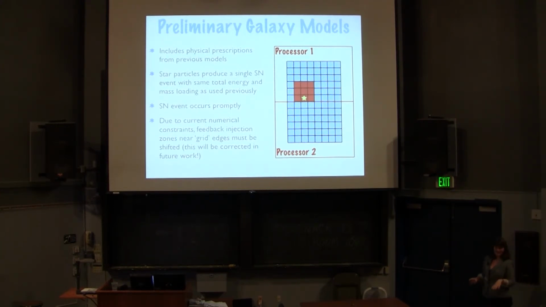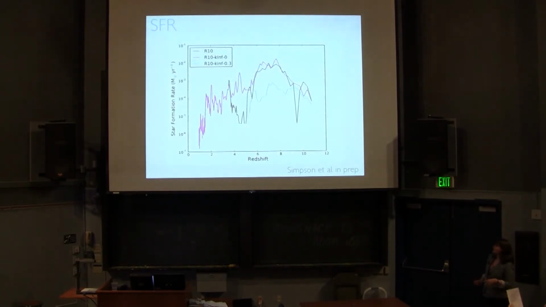But I'll try and wrap this up. We've done this, and we've gotten some interesting results. The star formation rate does change, and not only is it different from our old model, okay, 2 minutes, it's also different between each other depending on how much kinetic energy you inject. So 0%, so it's still a thermal model, or 30% where you do 30% kinetic.